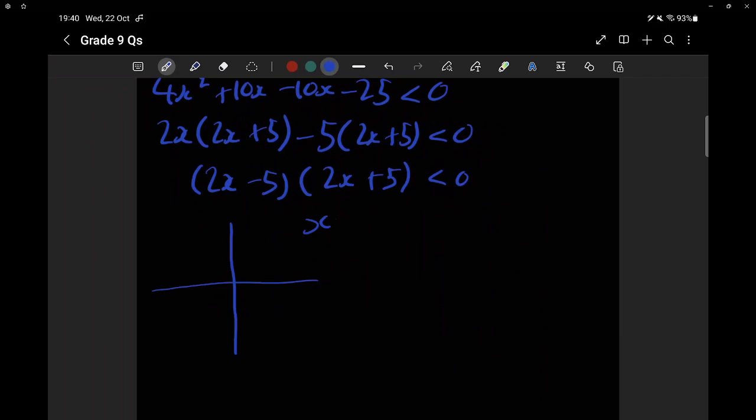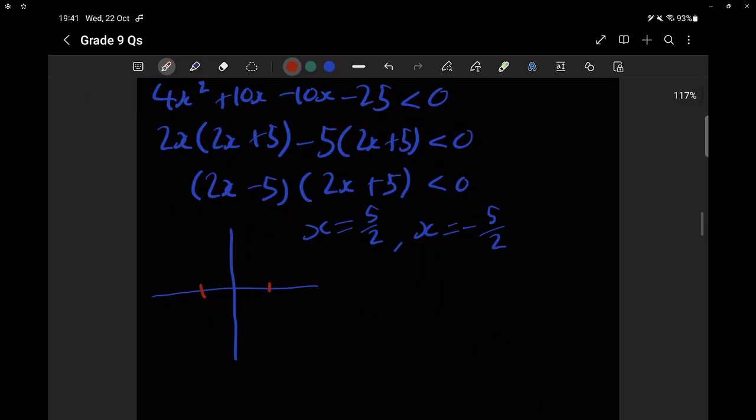So it's going to be x equals 5 over 2, x equals negative 5 over 2. So we know our roots are going to be at 2.5 and negative 2.5, and then the y-intercept is negative 25. Let's draw it out like that.